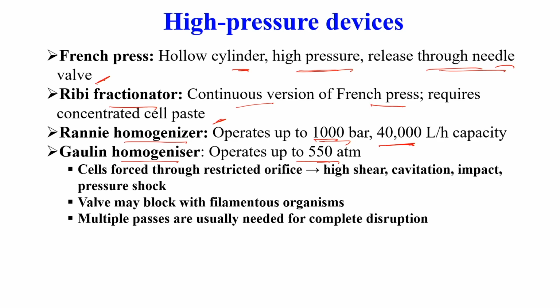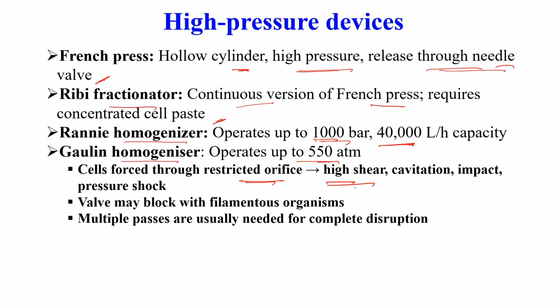Now, what happens in these cases? Cells are forced to the restricted orifice, or you can say a very limited opening. So, they experience high shear, they experience cavitation, they experience impact and pressure shock. So, all these factors work together and result in the rupture of the cells.